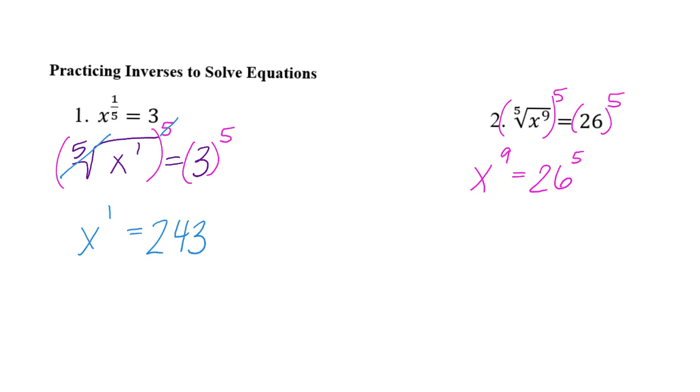So the radicals undo exponents. So we want to do the 9th root of x to the 9th. But if we do it on one side, we need to do it on the other side. So then that's not going to give us a nice pretty answer. So what we want to do is just rewrite it as 26 to the 5/9. And that's the way we're going to leave our pretty answer because otherwise it gives us a yucky decimal. So we want to leave it this way so that we know that we have an exact answer.